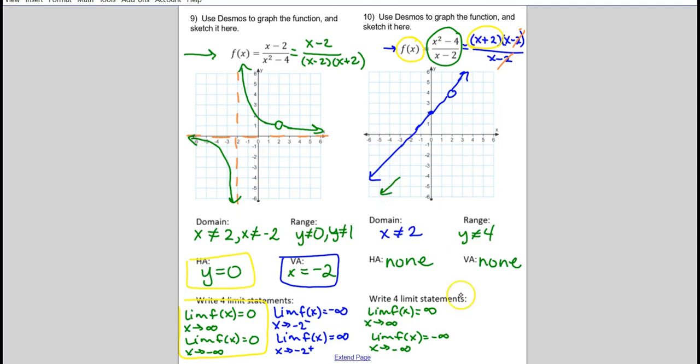And for 2 more limits, we could say the limit of f of x as x approaches 2 from the left. I'm kind of curious about that hole. Well, that's going to be 4. And the limit of f of x as x approaches 2 from the right, that's also 4, because we're heading toward a height of 4 when we come at that place on the graph from either direction.